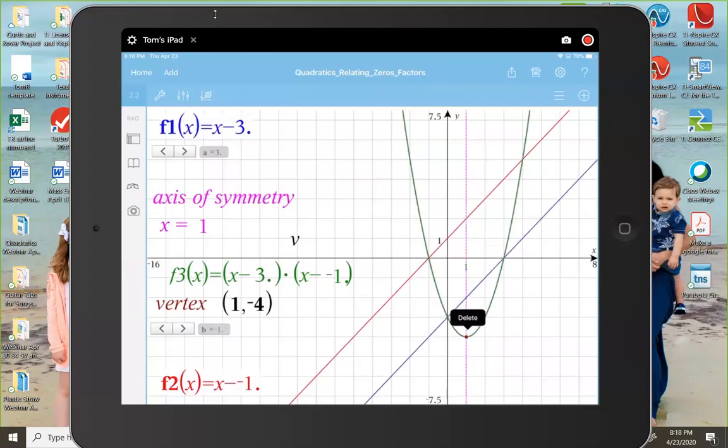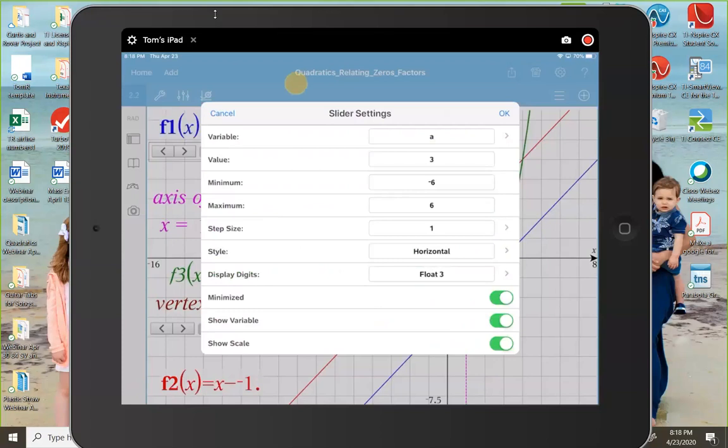Anything there before I go on? Tom? Yeah. Excuse me, this is Ruth. I think if you do a long press on the slider, you might open up the attributes of the slider settings. Okay, there we go. There's settings. I'm going to get attributes.